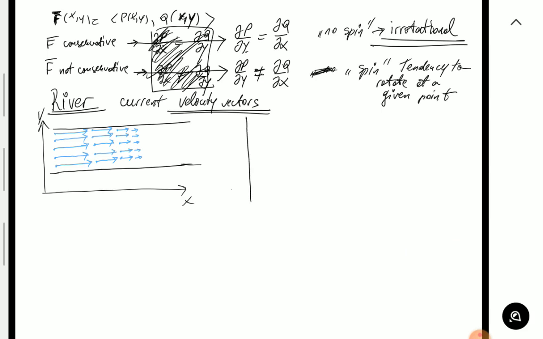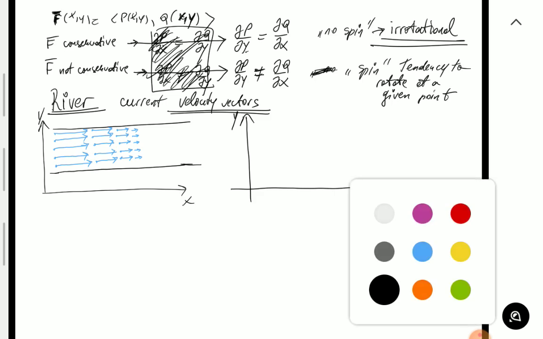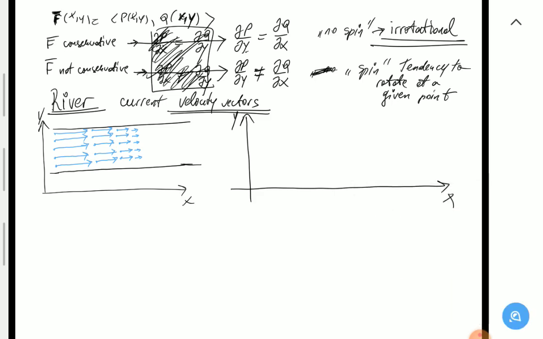Comparatively, let's do another example kind of similar to this. But in this case, I'm going to change the magnitude as I change y, and I keep the vectors the same along the x-axis. So for example, let's say the sides of the river are the same, right?